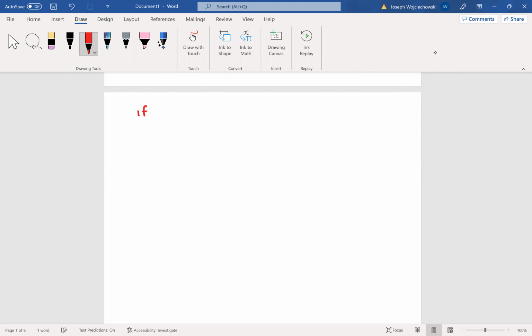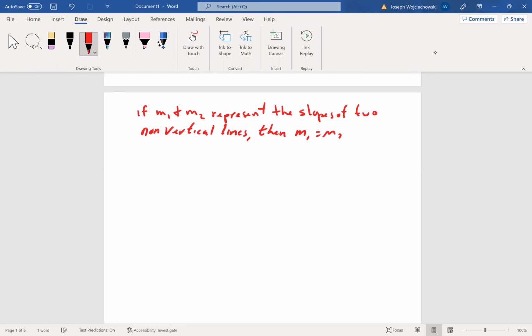If m1 and m2 represent the slopes of two non-vertical lines, then m1 equals m2.